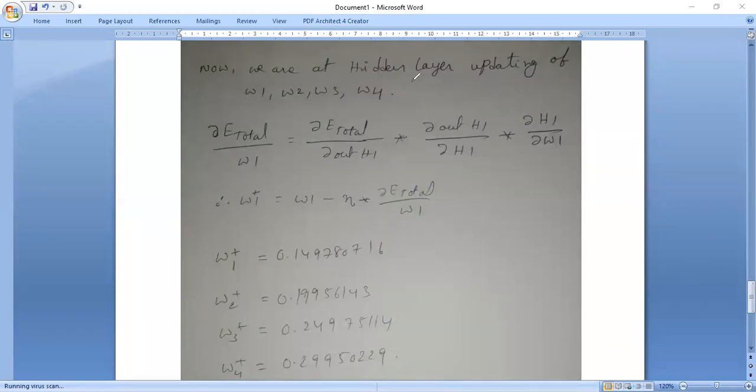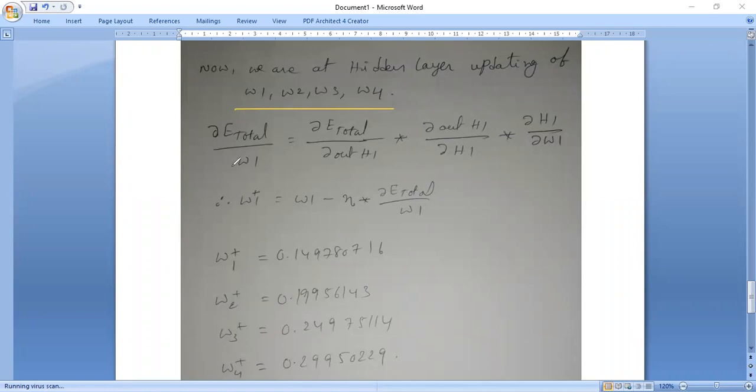Now we are at the hidden layer, updating W1, W2, W3, W4. So these W1, W2, W3, W4 are the input values for the hidden layers. Now we are going to update these values also. Only then will the backward pass of the complete network be finished, isn't it?